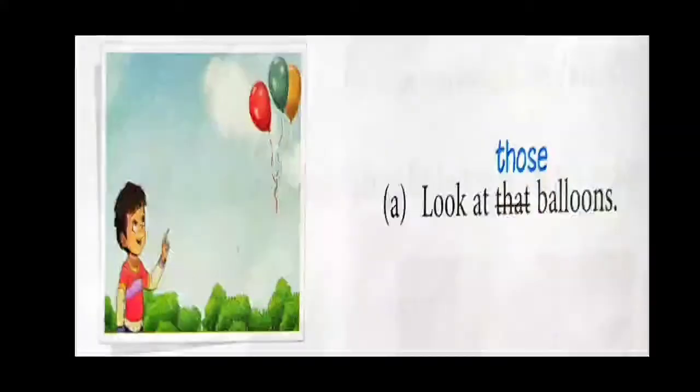The first sentence is: look at that balloons. In this sentence, the word balloons is a plural form. Here the word used is that. But the word those has to be used with plural form. So the correct answer is, look at those balloons.